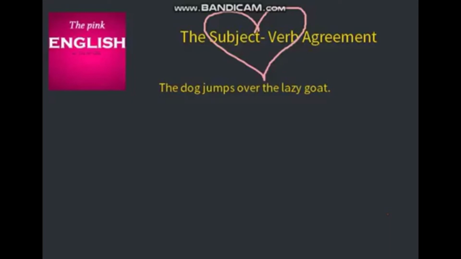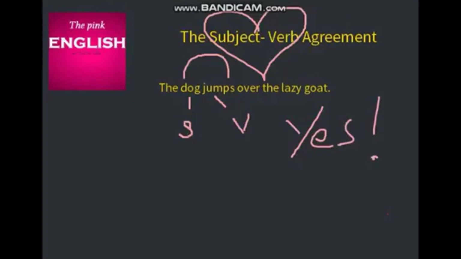How about the verb? Great! The dog is the subject and the verb is the word jumps. So, does the subject dog agree with the verb jumps? The answer is yes. How do we know?